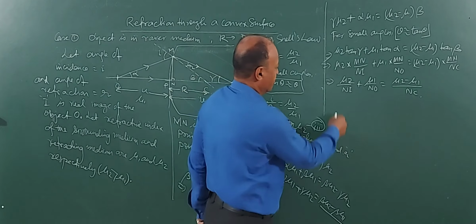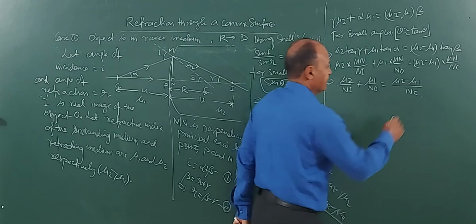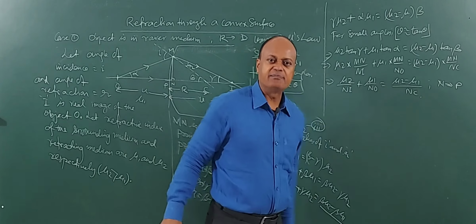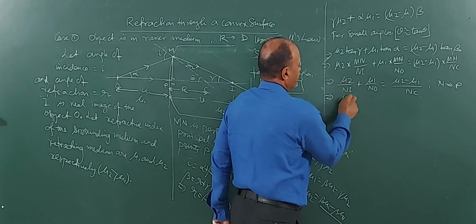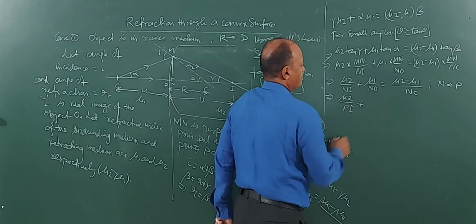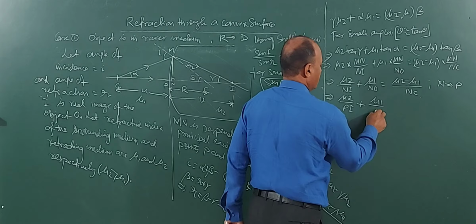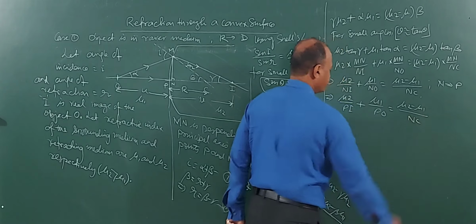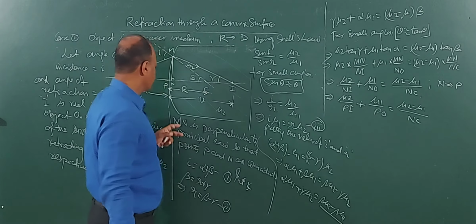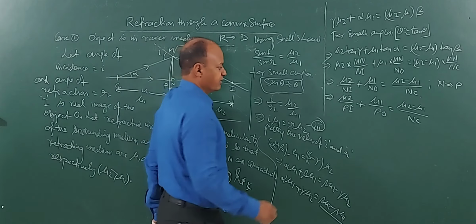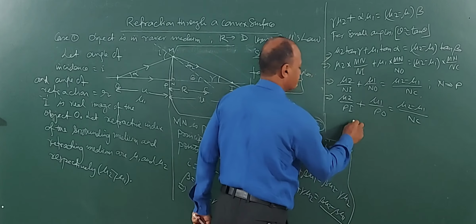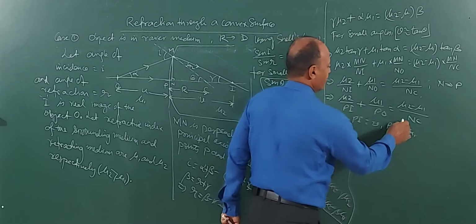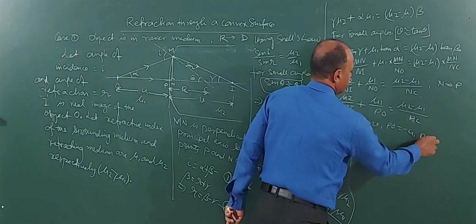So, I will modify: N and P are coincident. In this equation, in place of N I can write P, so I will be writing mu 2 by Pi plus mu 1 by PO is equal to mu 2 minus mu 1 by PC. And children, if you put the values, Pi is equal to V, PO is minus U, and PC is equal to R.